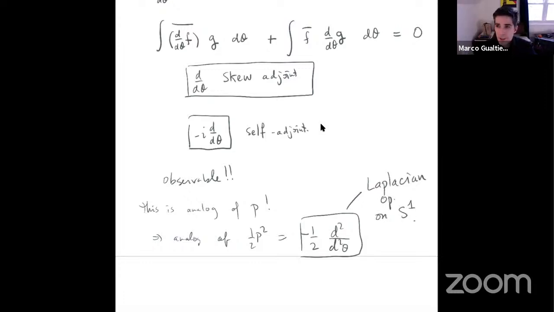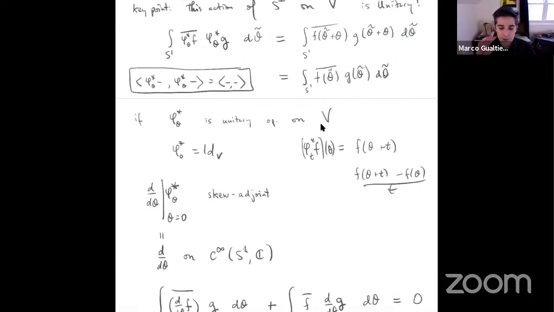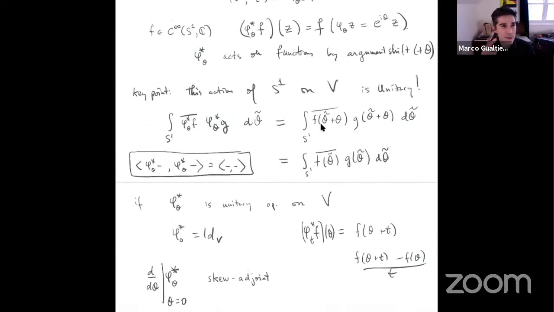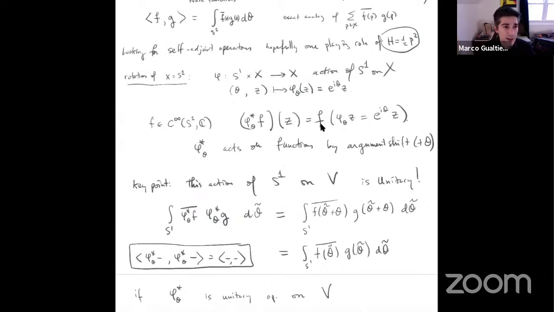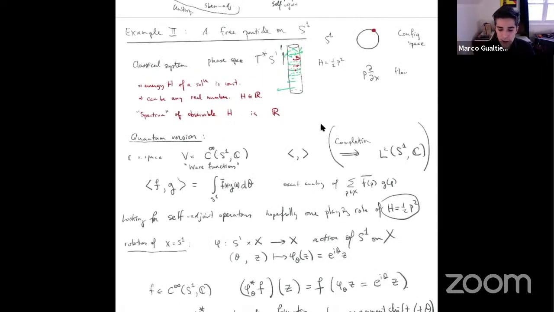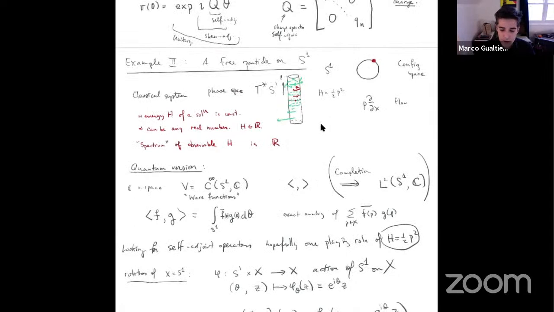I know that I've run out of time, but the point is that just by looking at the symmetry, which is the motion along that circle, in classical mechanics the observable P is the one that generates the Hamiltonian vector field d by dx, or in this case, d by dθ.